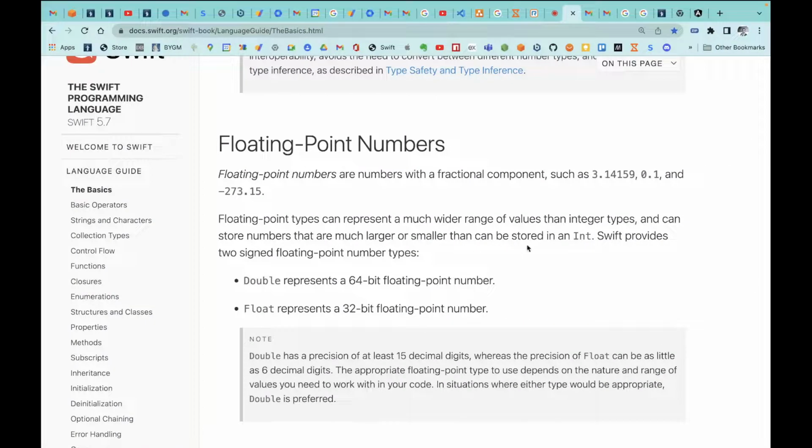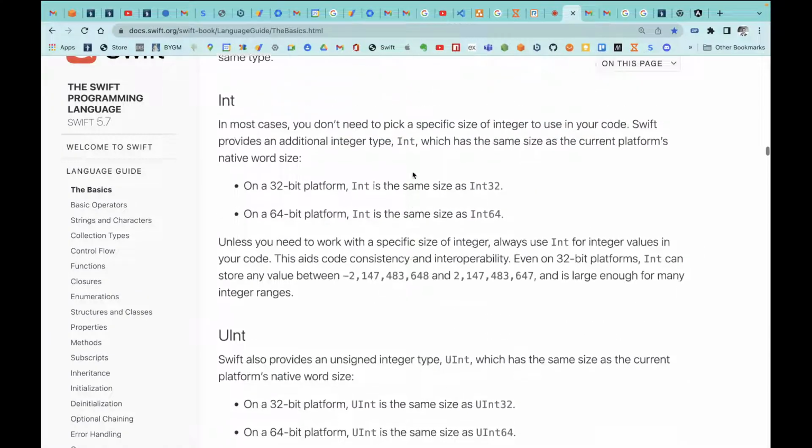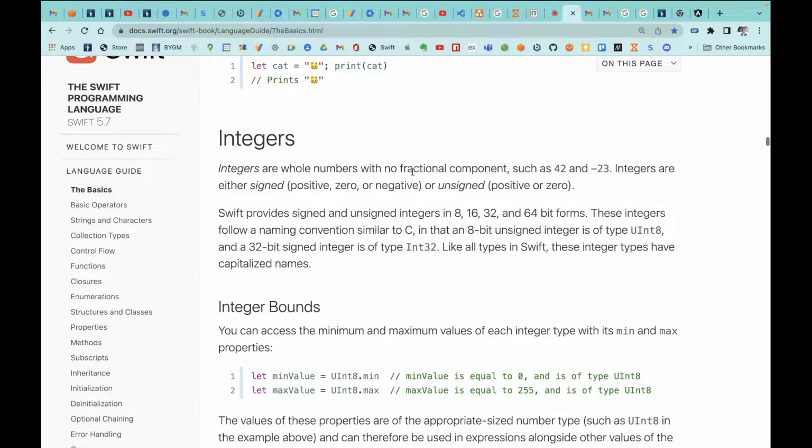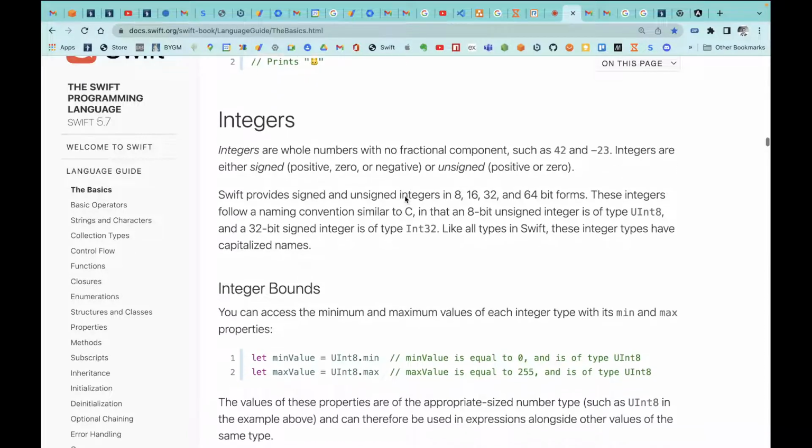So let's see here. Swift provides two signed floating point number types. A double represents a 64-bit floating point number. Okay, so with the sign that we're talking about here, I guess it's not the sign of positive, negative, or zero. Integers are either signed, positive, negative, or zero, or unsigned. Okay, we'll get to that.